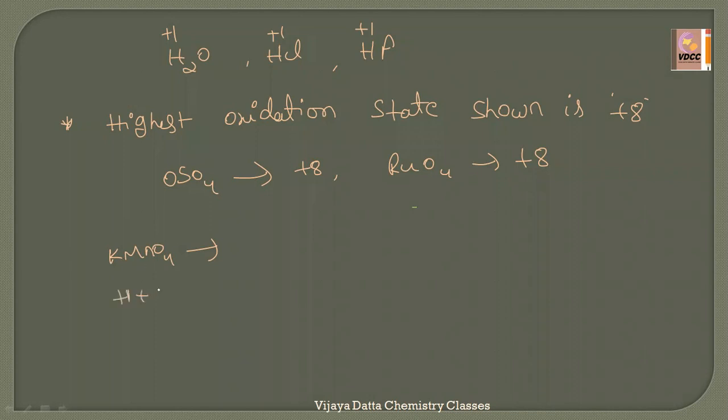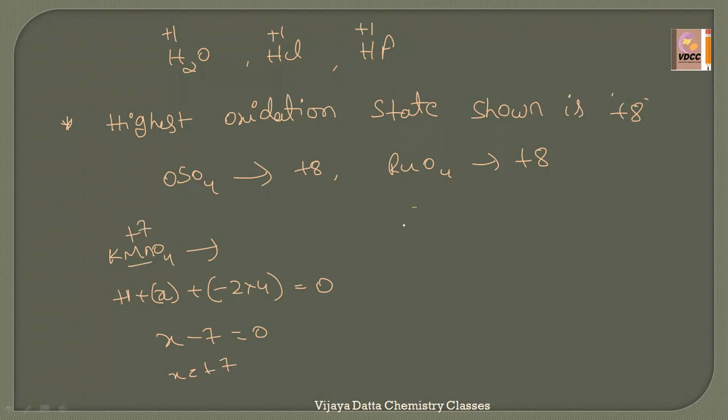Manganese we don't know, so assume it as X. Oxygen's oxidation state is -2, and there are 4 of them. The sum equals 0 because there is no charge on KMnO4. So X, plus -2 into 4 which is -8, plus 1, gives -7 equal to 0. So X is +7. In KMnO4, the manganese oxidation state is +7.